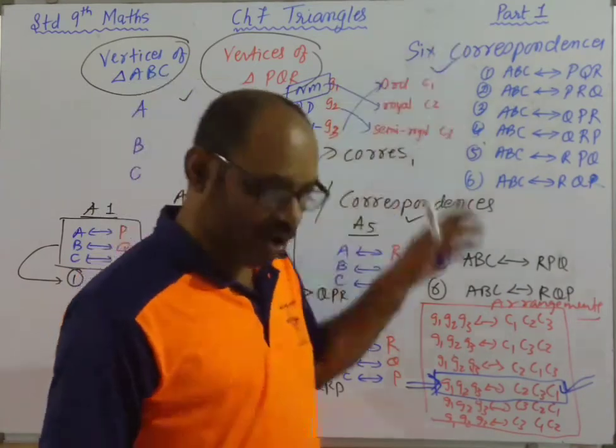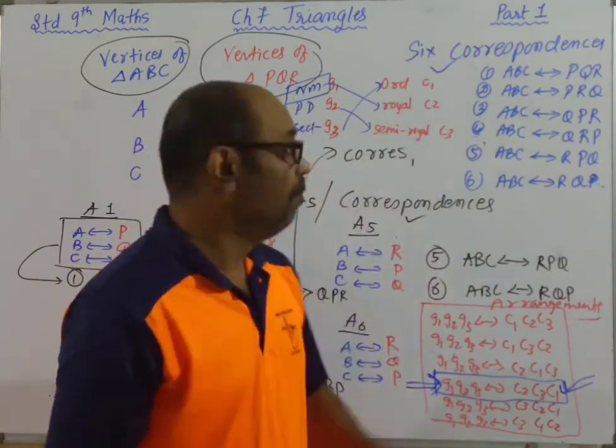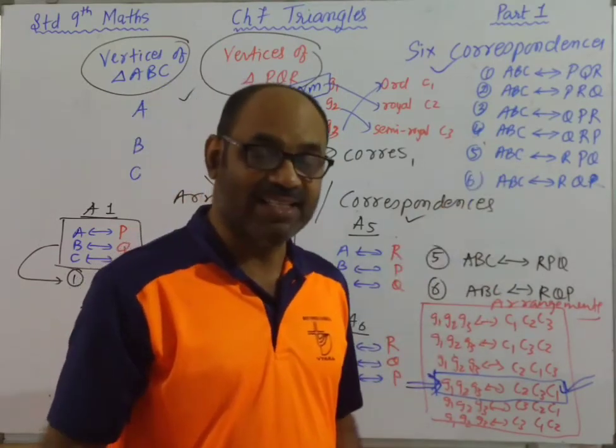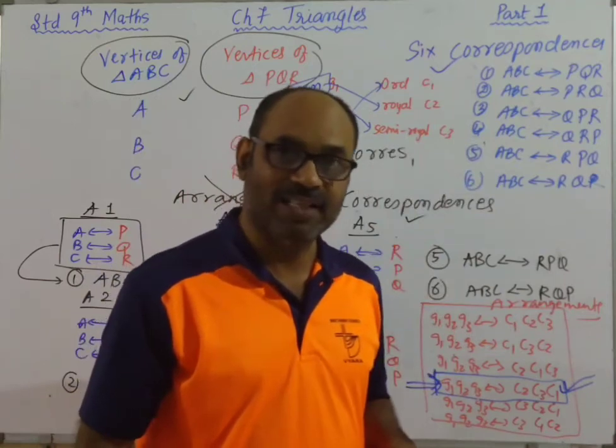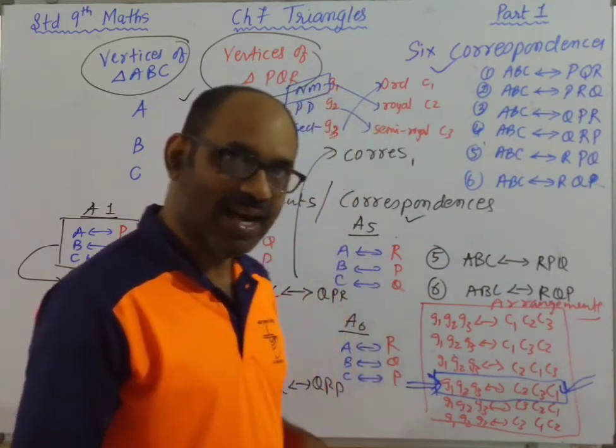Same way 6 correspondences are possible between the vertices of 2 triangles, correct, but only one correspondence will exist. All right.